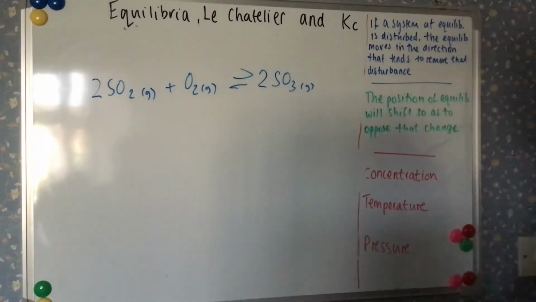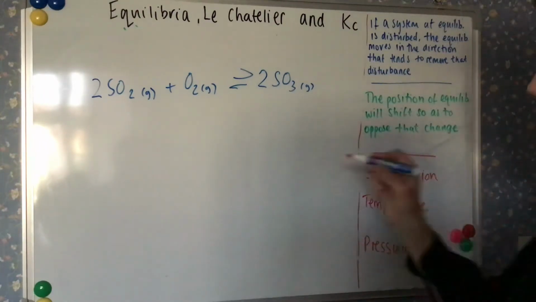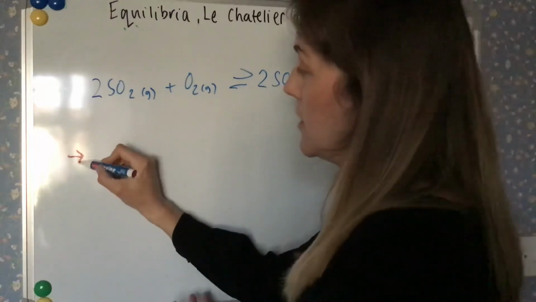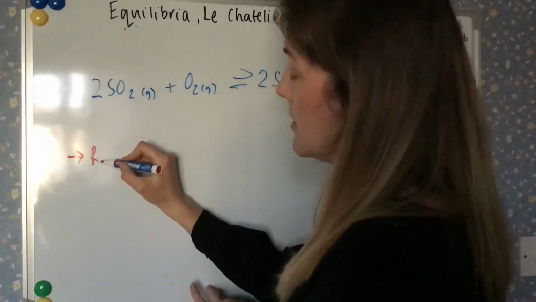So if you've got a reaction that's involving solutions and you're asked a question about pressure changes, it's not going to have an effect. So pressure is only going to have an effect when you've got a different number of moles. So we're talking about pressure.